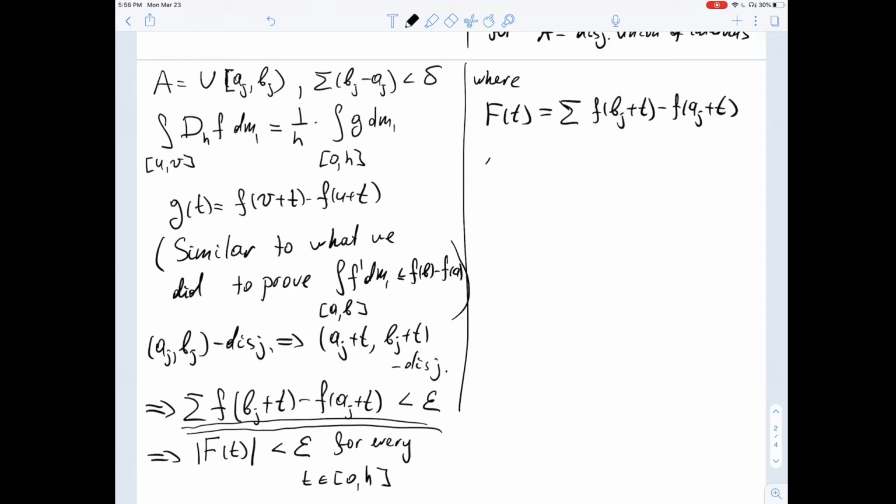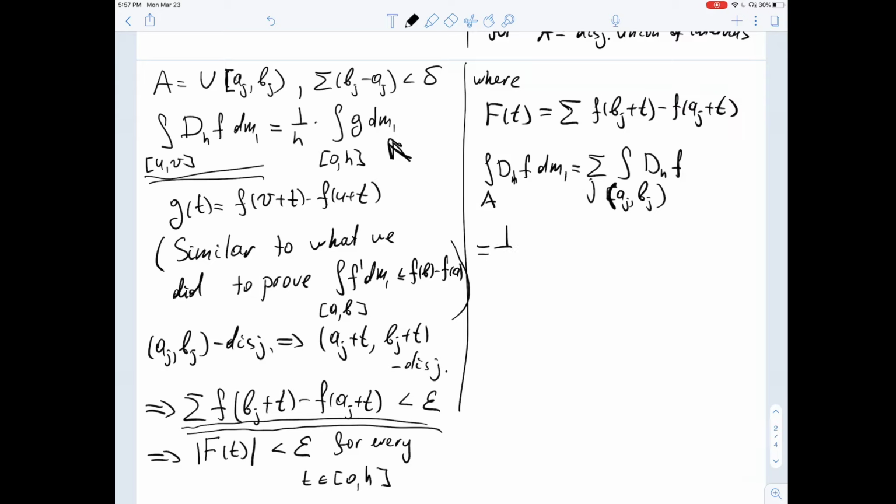All right, and so what's the integral of dh of f over A? So remember that A is a disjoint union of intervals. I can write open because the endpoint doesn't matter. Okay, now the integral over the interval, here it is, and here it is.